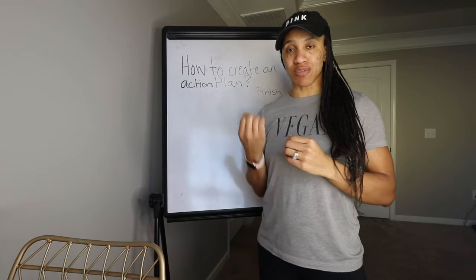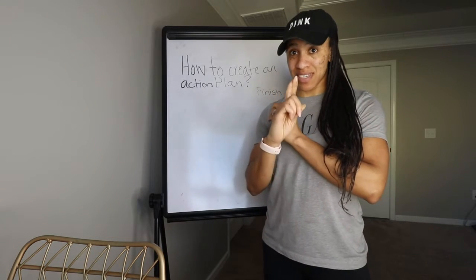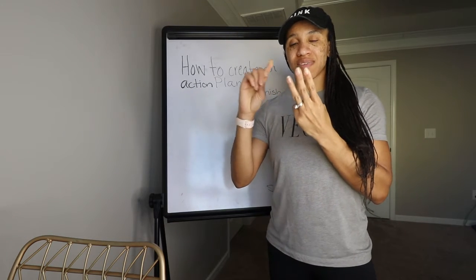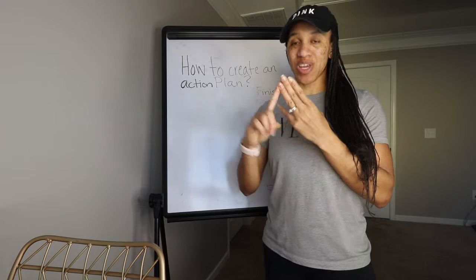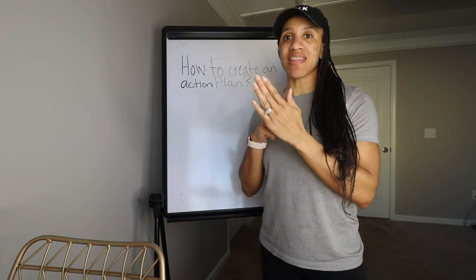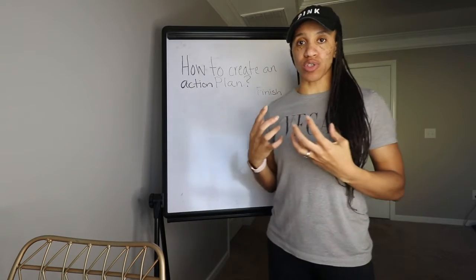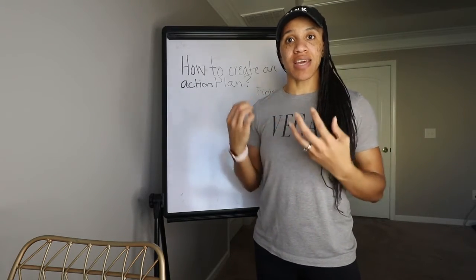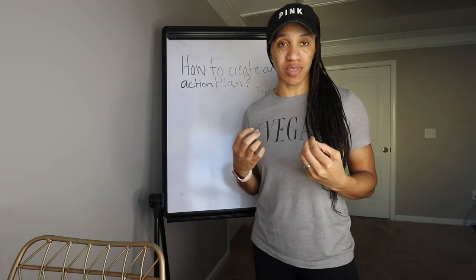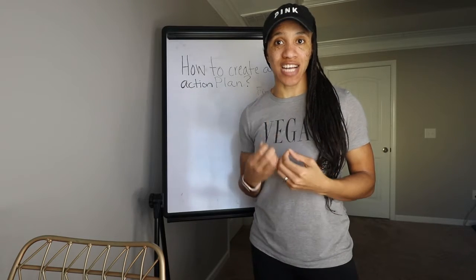The SMART method was: make sure that the goal is specific, measurable, attainable, realistic or relevant, and then time bound. Knowing what your goals are is very important. And then I also said at the end that you have to have some action steps. So today I want to talk to you about how to create an action plan.